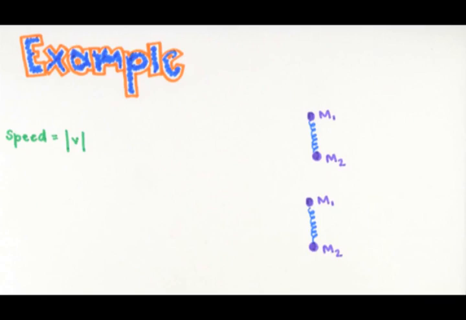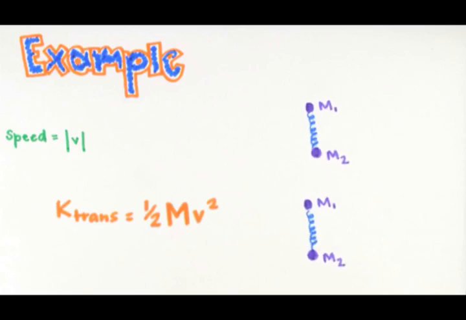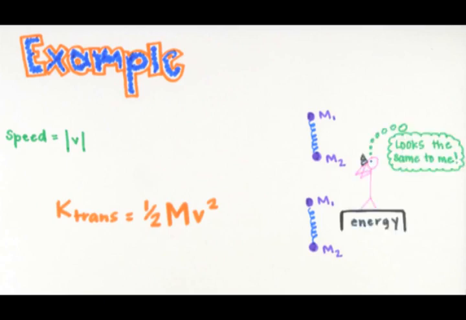The kinetic energy of translation, K trans, would still be 1/2 times the total mass times the center of mass speed squared. From this standpoint, the spring toy in both cases would be indistinguishable from an object that was truly point-like, an object that had no internal structure but had the same total mass m and moving with the same speed v.